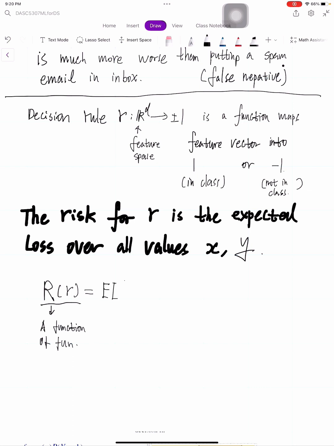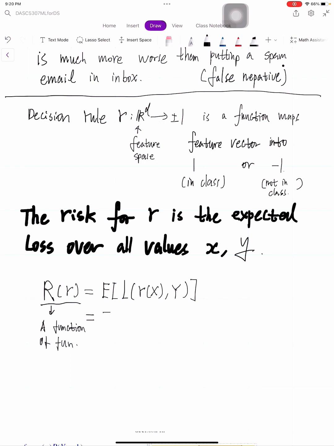It equals the expected value of the loss, and this expectation is over all the possible x and y with respect to their probability densities.